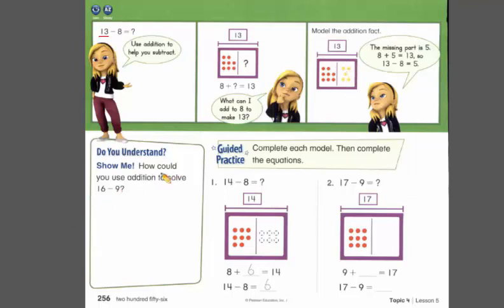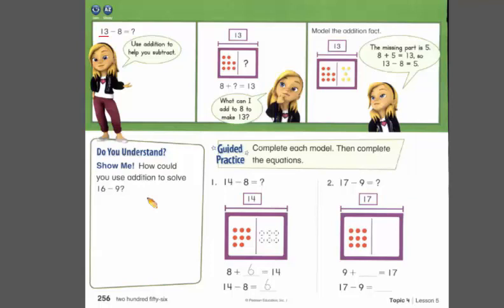How could you use addition to solve 16 minus 9? I could think of what number plus 9 equals 16. Again, what number plus 9 equals 16? 16 is the whole. 9 is one part. We want to get the missing part, so we will think addition.